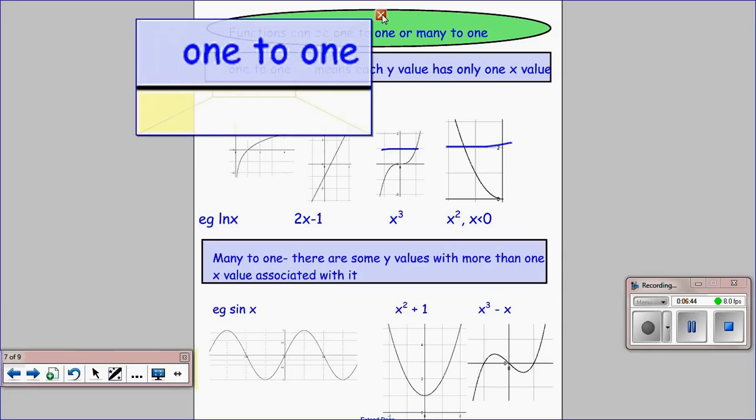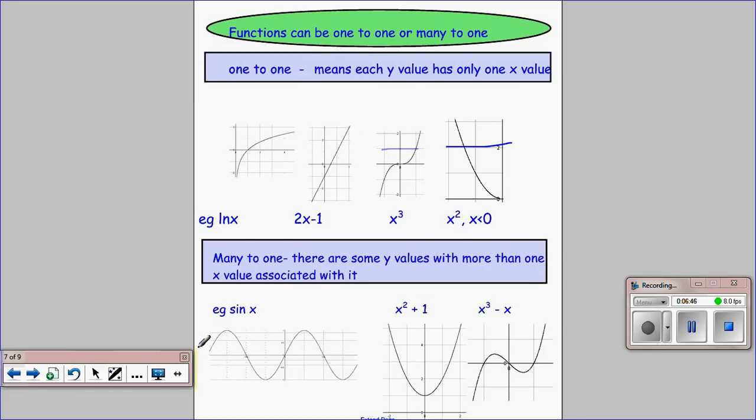Now this one is slightly different because we've got an input value here and here and here and here, which will give you the same answer. They all give you the same answer. So we have many ways to get one answer. So here we can see that we can have an input there and an input there, and we get the same answer here.